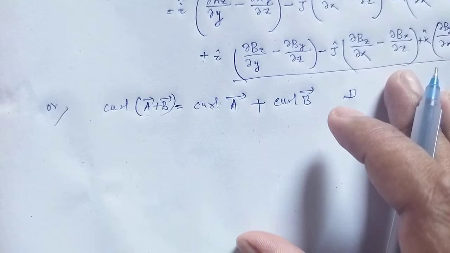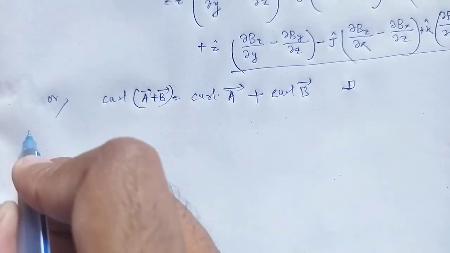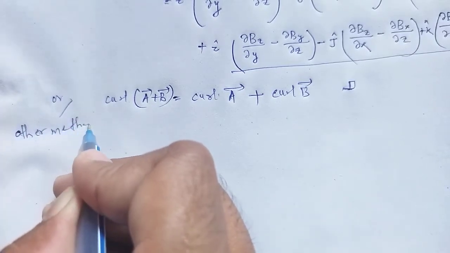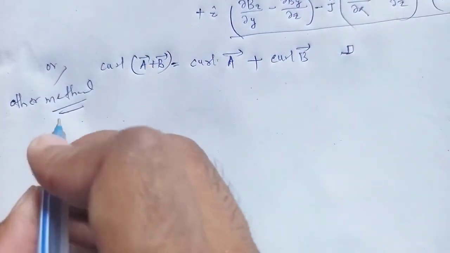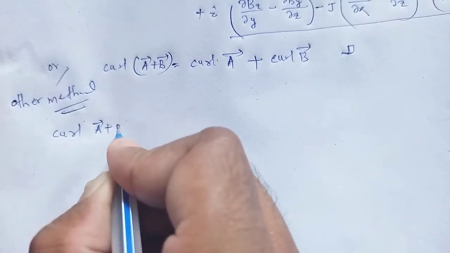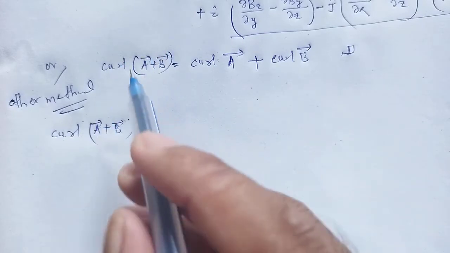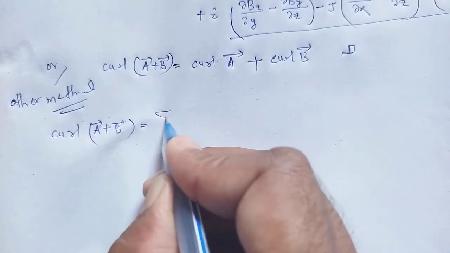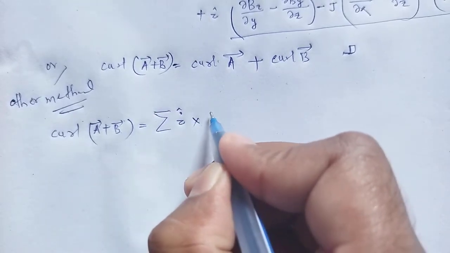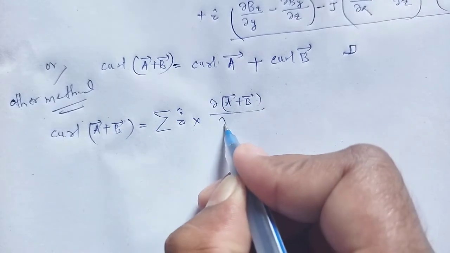There is another method to prove this. Since curl is the line integral, as we discussed in the physical meaning of curl, we use the summation over i cross del of (A plus B) divided by del x.